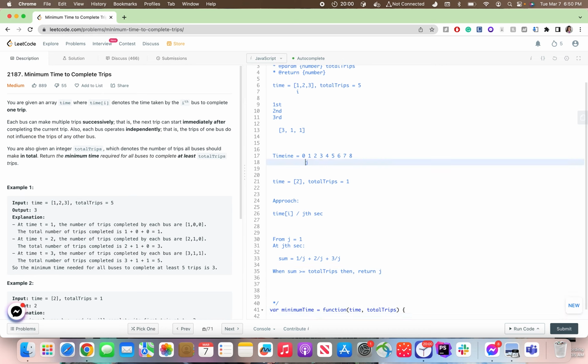So in this case, when j is equal to 3, the sum is j divided by 1, j divided by 2, and j divided by 3, j second divided by time. So 3 divided by 1 is equal to 3, plus 3 divided by 2 is 1, I would only take the base value, and 3 divided by 3 is equal to 1, so 5 would be the answer.